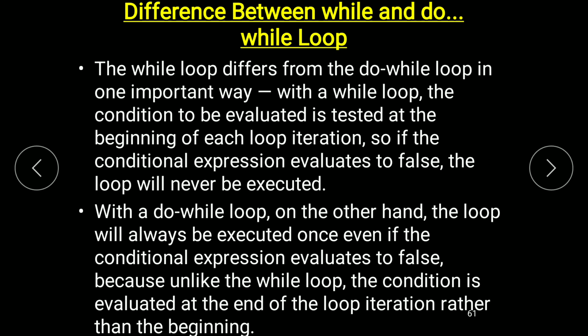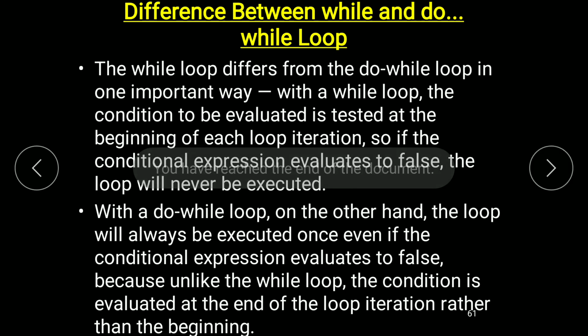As I told you before, the same statement is given here. With a do while loop, on the other hand, the loop will always be executed once, even if the conditional expression evaluates to false. Right, I already told you: in a while loop it first checks the condition, and if the condition is false, it will not execute the statements. But in do while it is not like that. It executes once first, so even if the condition is false, it will execute your statements one time. That is the main difference between the two.